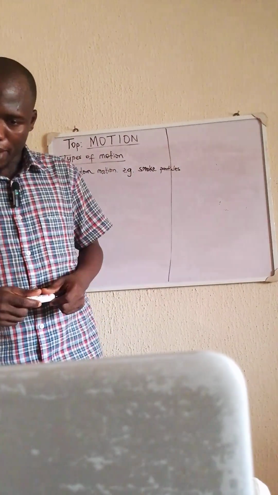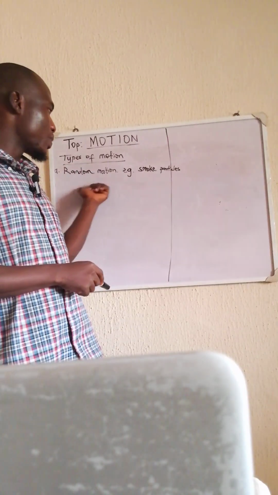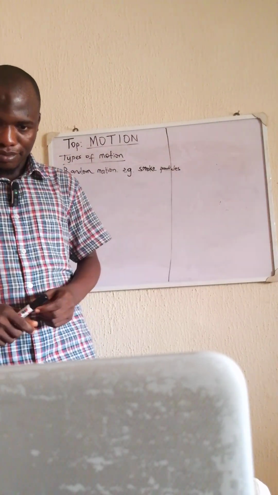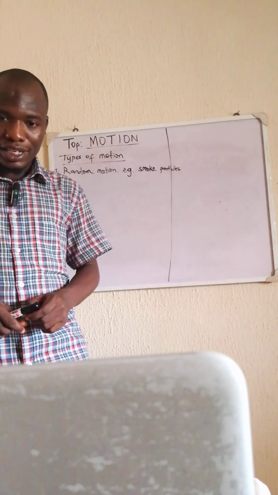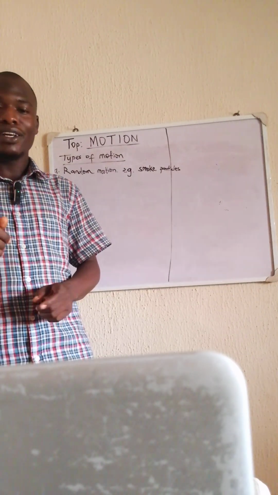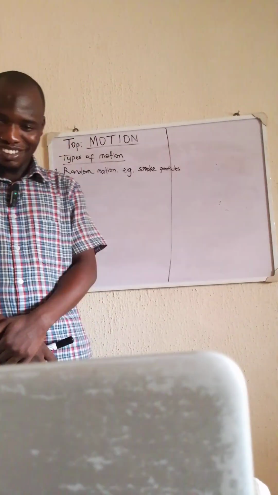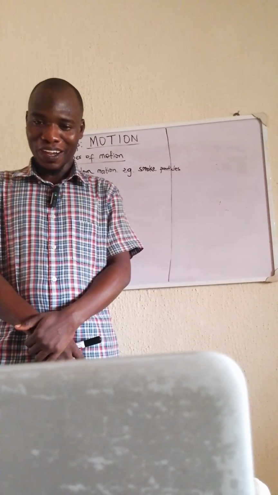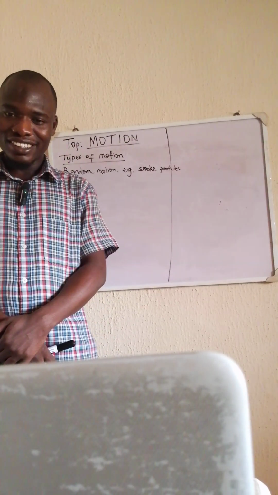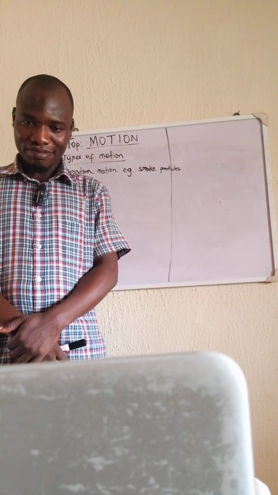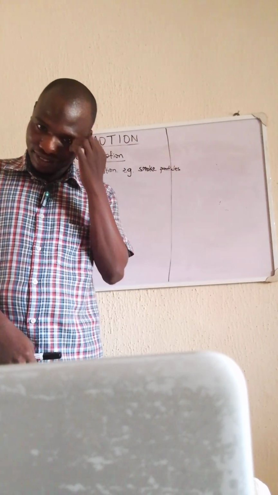Any other matter that you can think of that undergo random motion? Human being? Oh, you can do random motion. How? Show me. From an instant, I move my head like this.